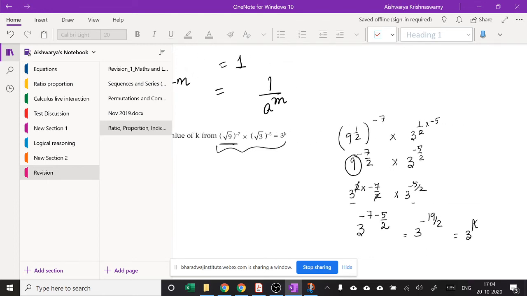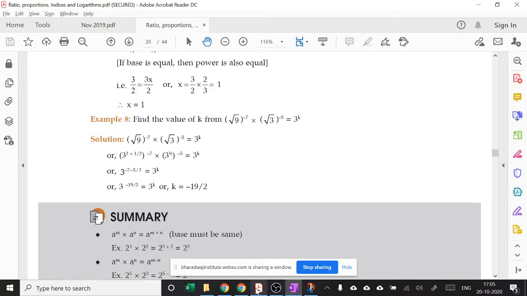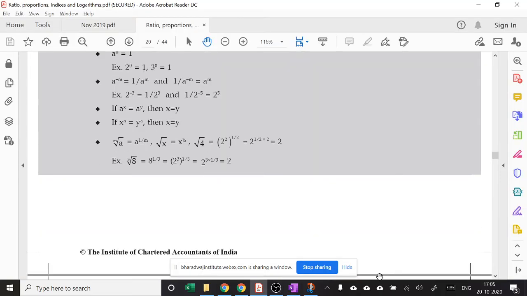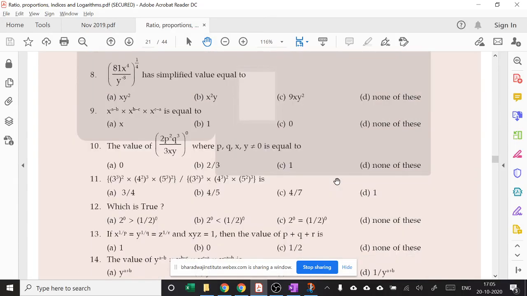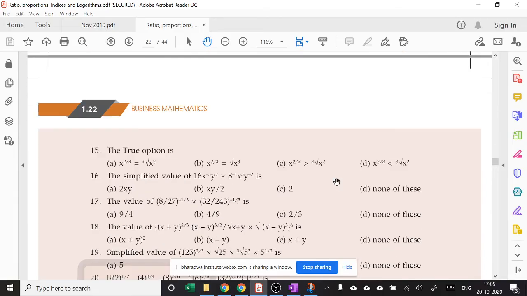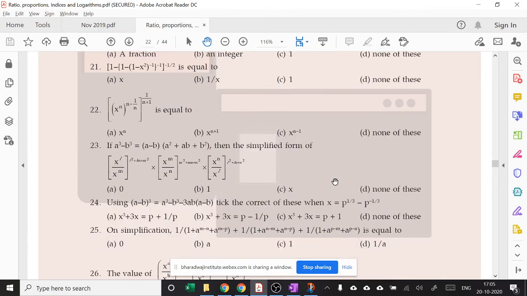So k value is nothing but, the base is same, so the power can be equated: minus 19 by 2. Is it fine? Any other question that I can solve from your textbook which is worthwhile solving, we'll do it now.